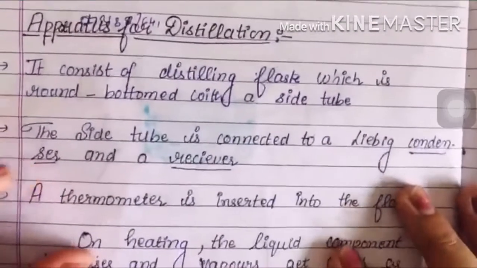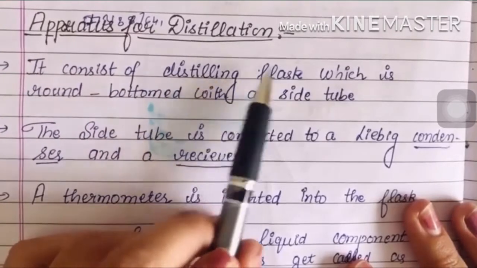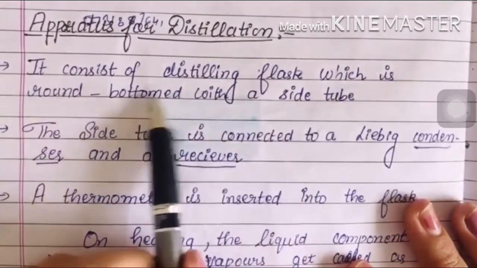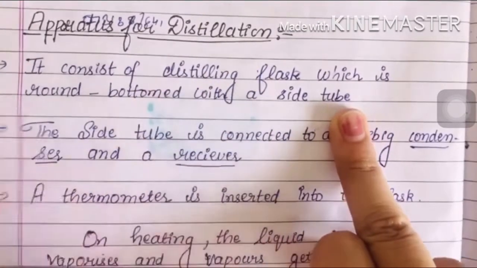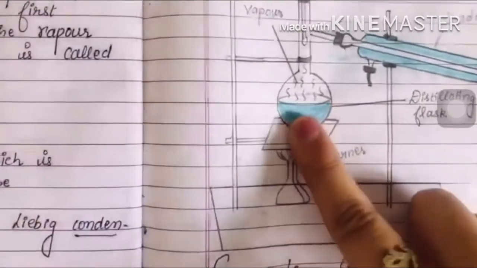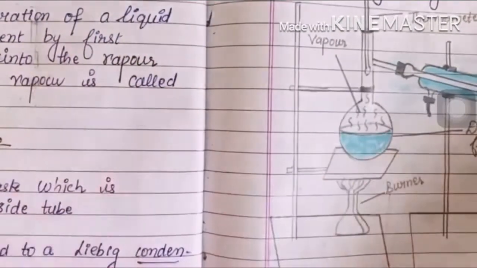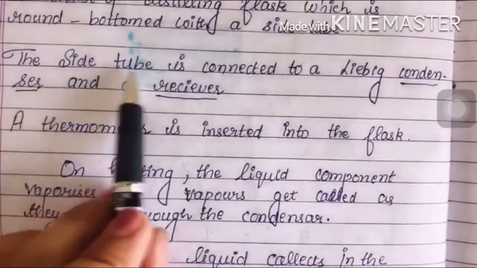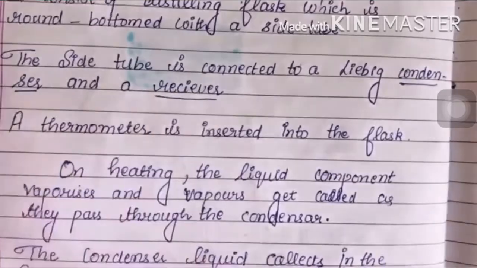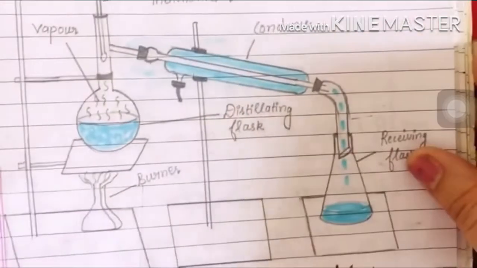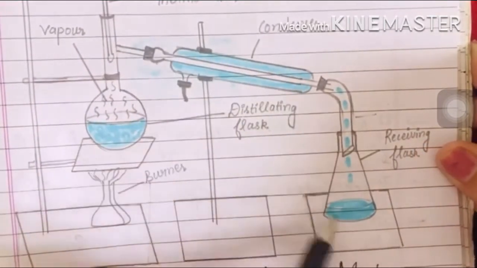Then the apparatus for distillation. It consists of a distillating flask, which is a round bottom flask with a side tube. Here this is the distillating flask and it contains a side tube. The side tube is connected to a condenser and a receiver. Here the side tube is connected with this condenser and this receiver.